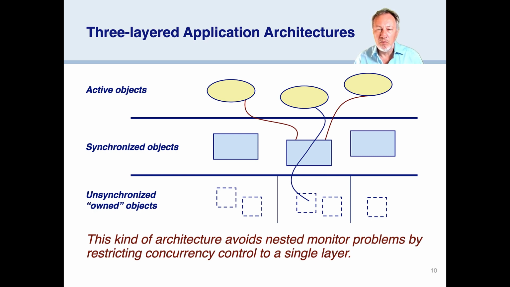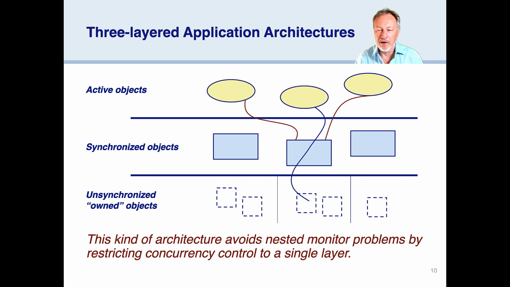Recall that we want to avoid so-called nested monitor problems. By splitting the world into these 3 separate layers, we can guarantee that we don't have a synchronized object that's being accessed from another synchronized object. Instead, what you try to do, if there are objects that need to somehow be shared, we have a notion of ownership.